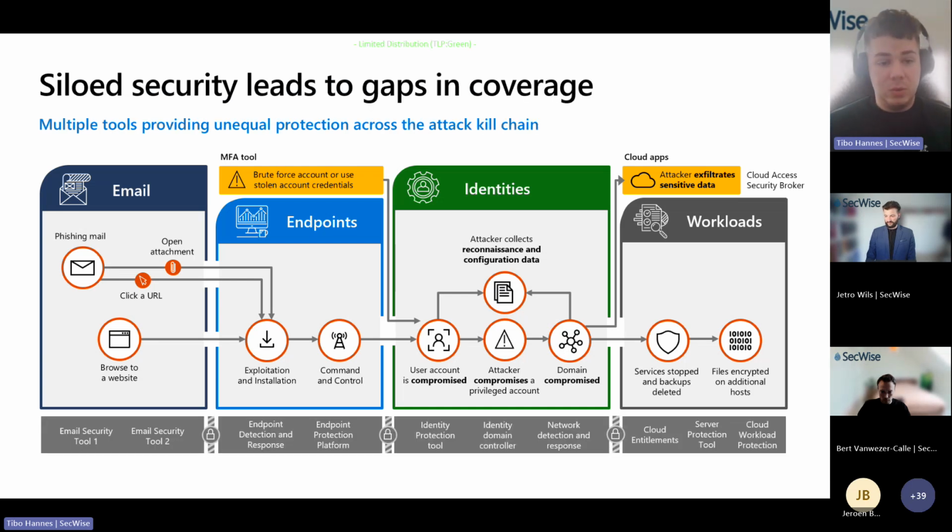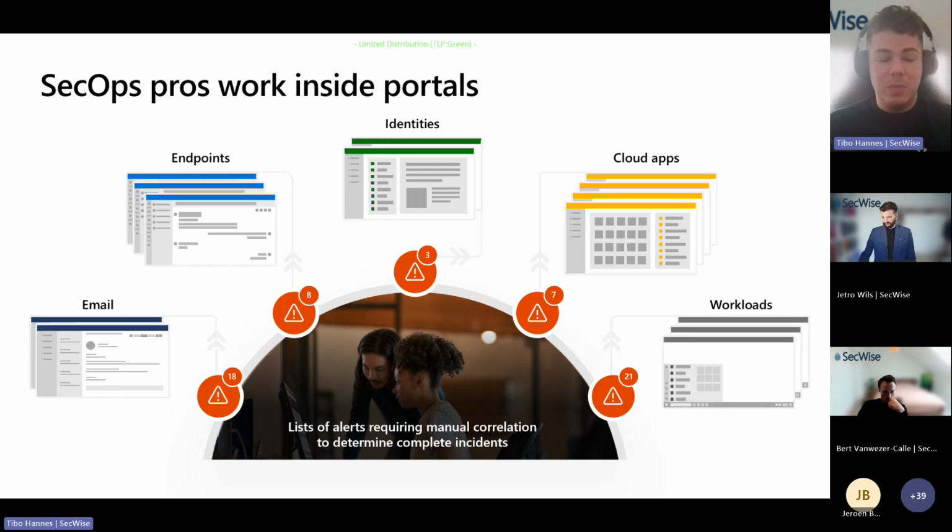As you can see, a lot of different domains, and there are a lot of companies and environments with a lot of different tools to try to catch these domains. But that is at the moment a bit of a problem, because it's not uncommon for an enterprise to have more than 45 cybersecurity tools. So as you can see here, they're getting more and more portals for every single domain or every single tool.